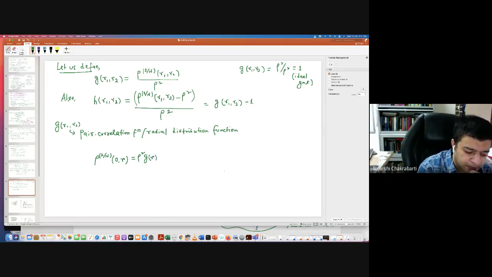G of R. Is this clear? It has to be rho square G of R. Similarly, if I write like this, P2 by N 0 comma R divided by rho, this will give me rho times G of R. And what is this?